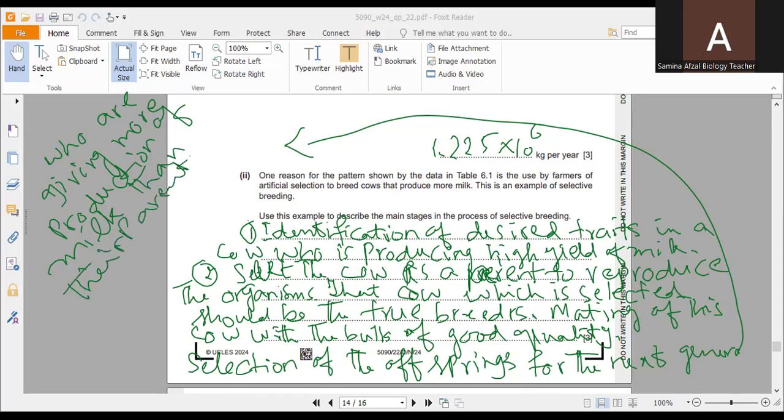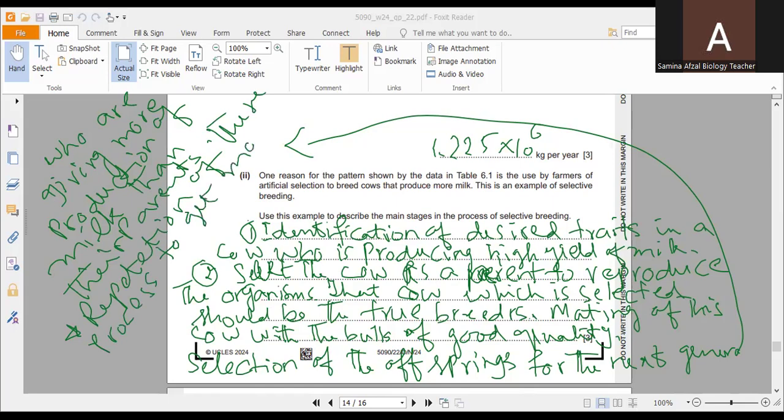So these experiments were then repeated, repetition of these processes to get more production.